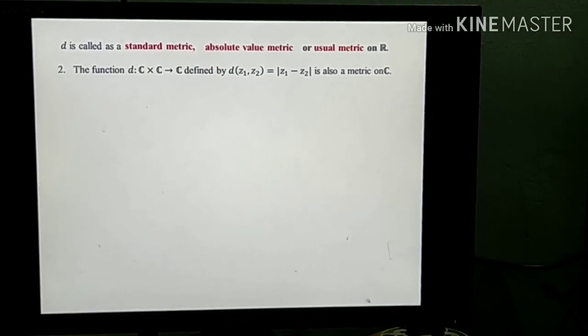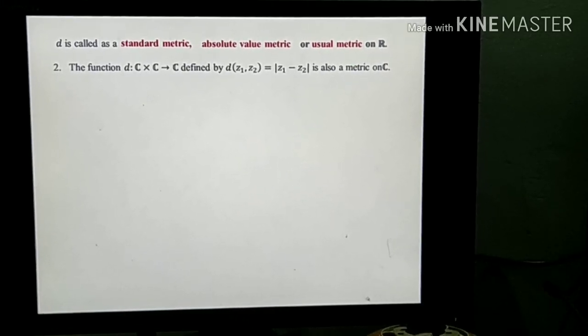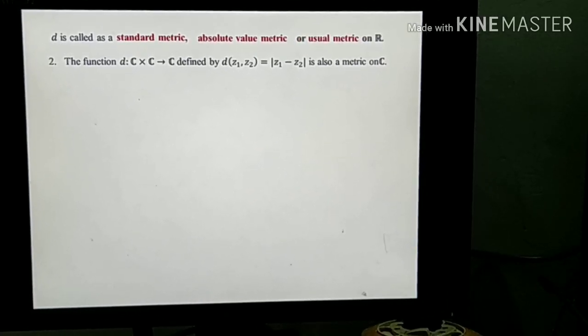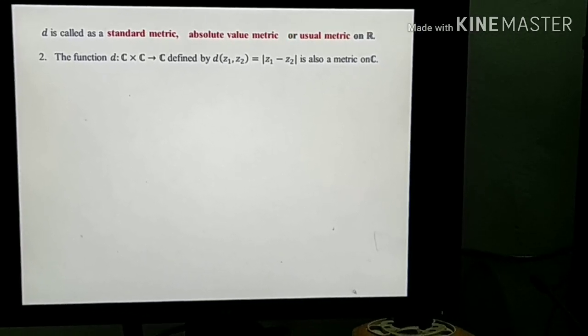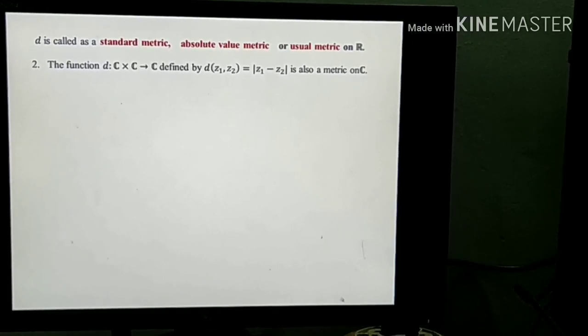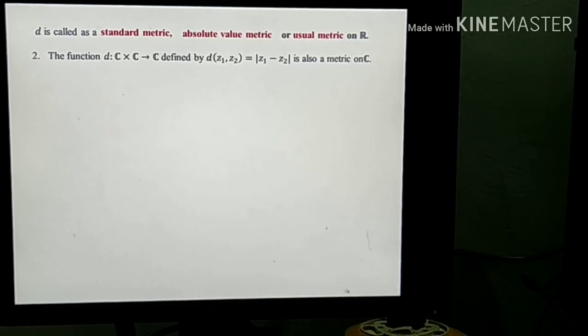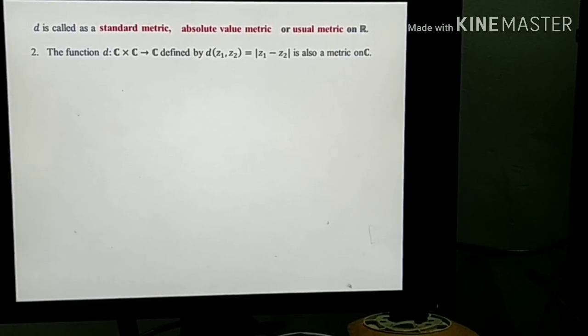Now see, our second example is the function d from C cross C to R, where C means the set of complex numbers, defined by the distance d(z1, z2) = |z1 - z2|.